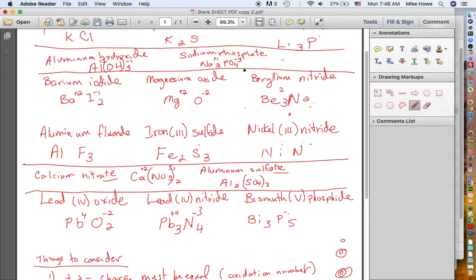In this case, you do not have to put the parentheses around the PO4, although for right now, it might help you to do that, just to keep in mind that it's a group identity. But we're going to put a 3. This was a -3. All right, so we got a 3 here and a -3, so it's Na3PO4.